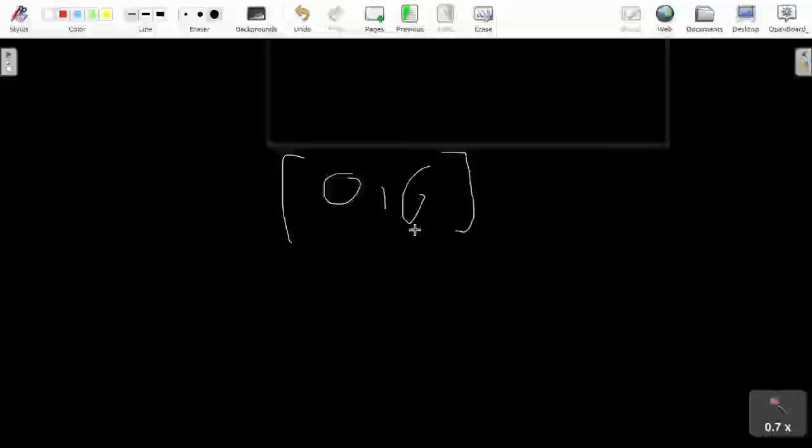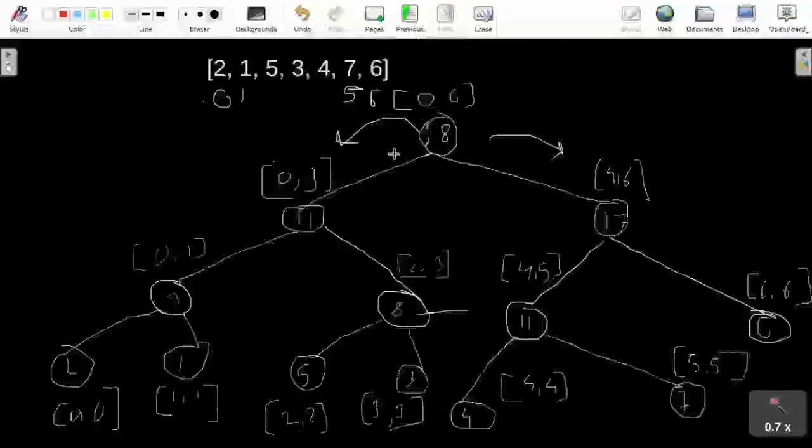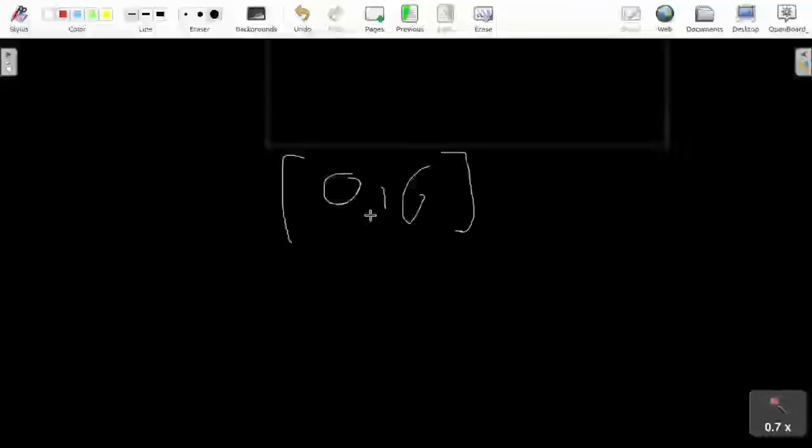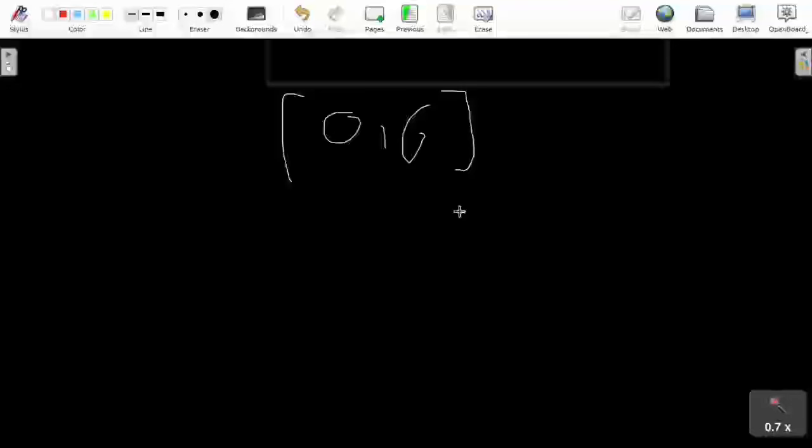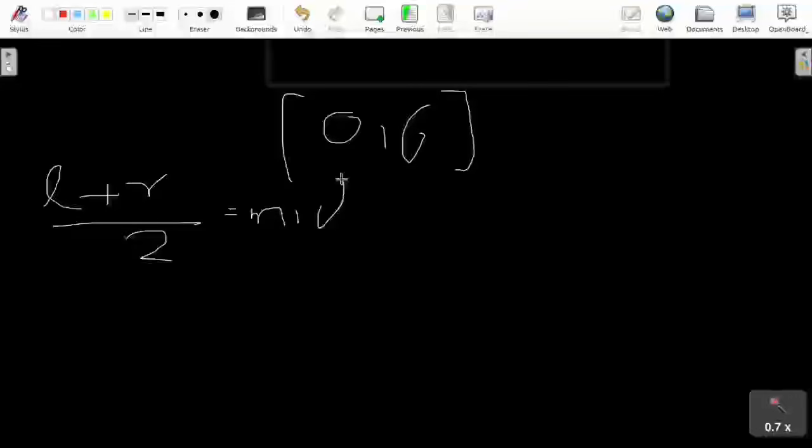Now, forget about these intermediate nodes, these values. I will explain everything. What you do is simply divide your range from the middle. The formula for that is pretty simple: L plus R divided by 2. Using this, you find the mid. In this case, your mid will be 0 plus 6 divided by 2, which is 3. Your mid is 3.